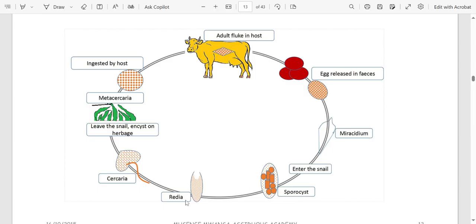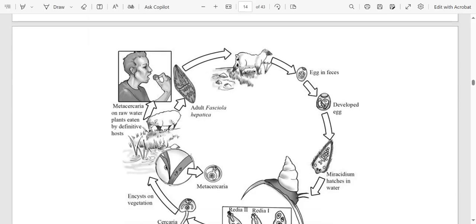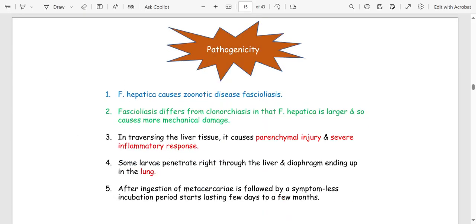Sporocyst will convert into the redia. The redia will convert into the cercaria. The cercaria is now going to undergo encystment and attach to these aquatic plants, forming the metacercaria. The metacercaria can now be taken by either the cow, human, or any other host, and then it is going to start growing in that host, forming the adult worm. Okay, so that is what happens.